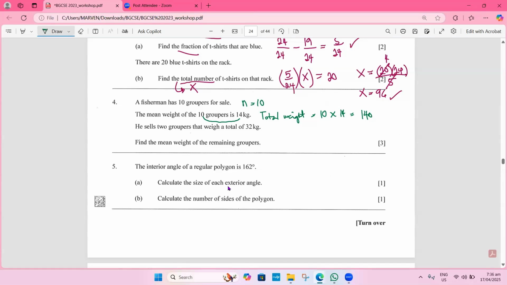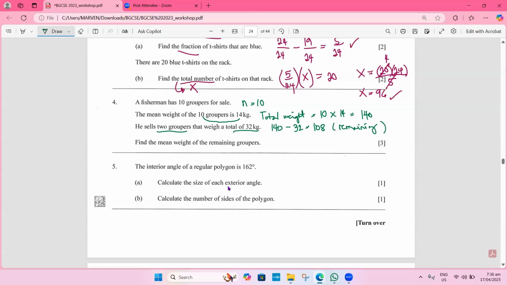Now, he sold 2 groupers that have a total weight of 32. So we're going to deduct that from 140 to get the remaining weight of groupers. So 140 minus 32 is 108 kilograms. So this is the weight of the remaining groupers.